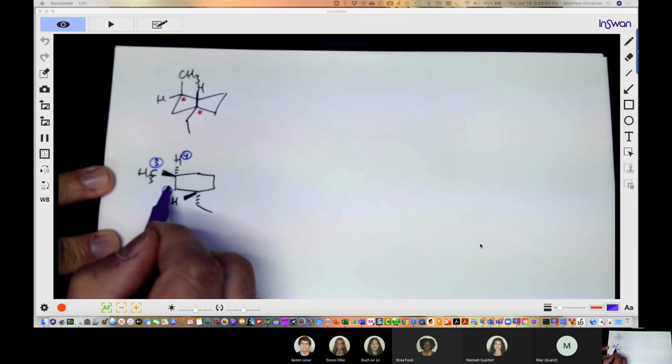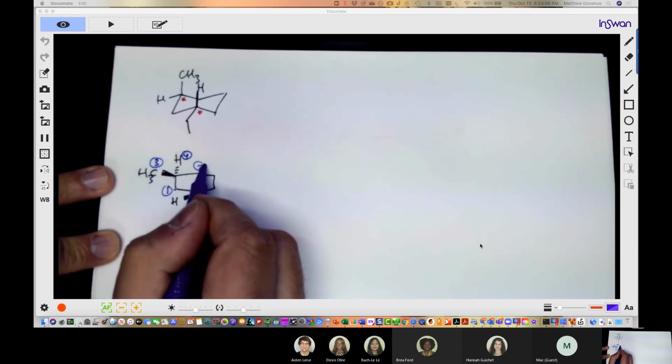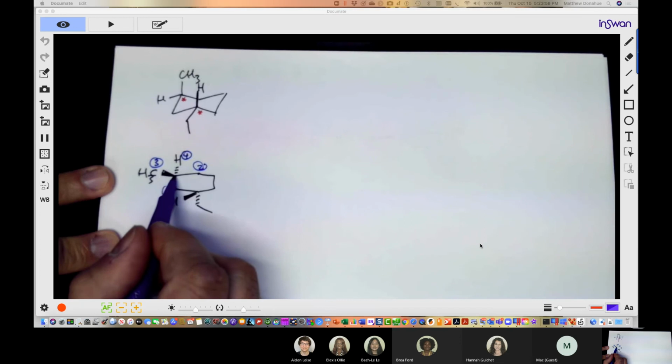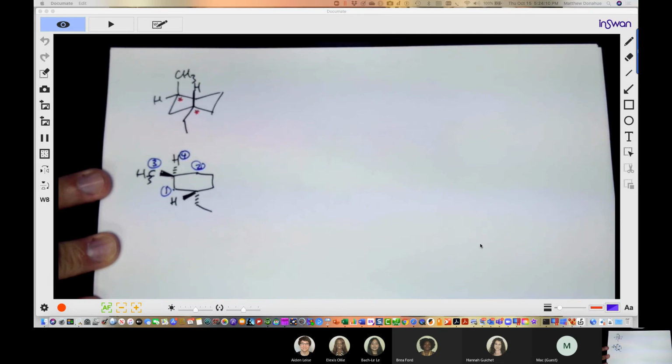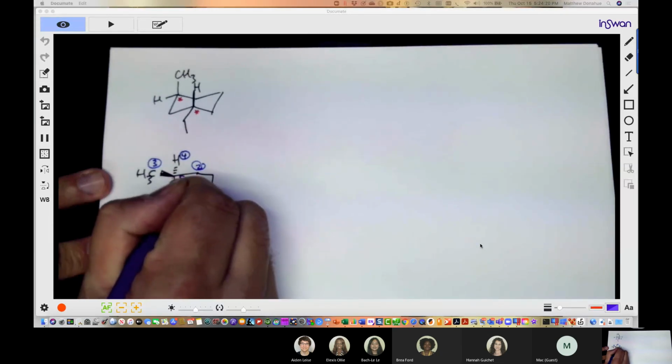So this should be 1, and then this should be 2. So knowing that, what should this stereocenter be? With the lowest priority group away from you. So yeah, this should be S.